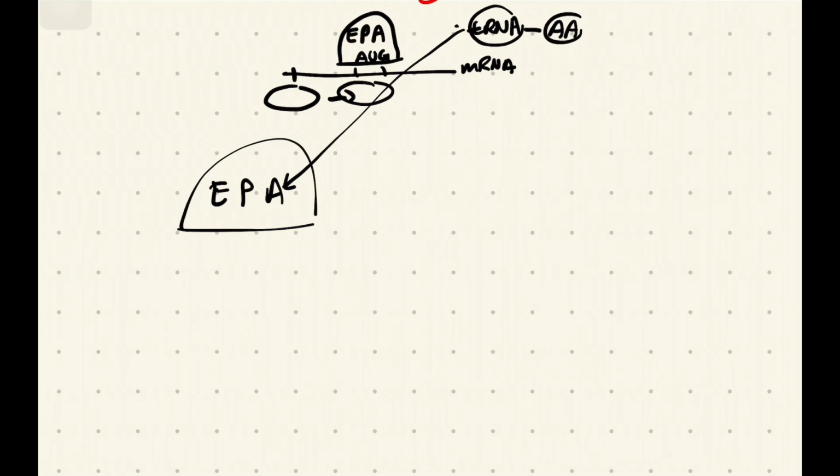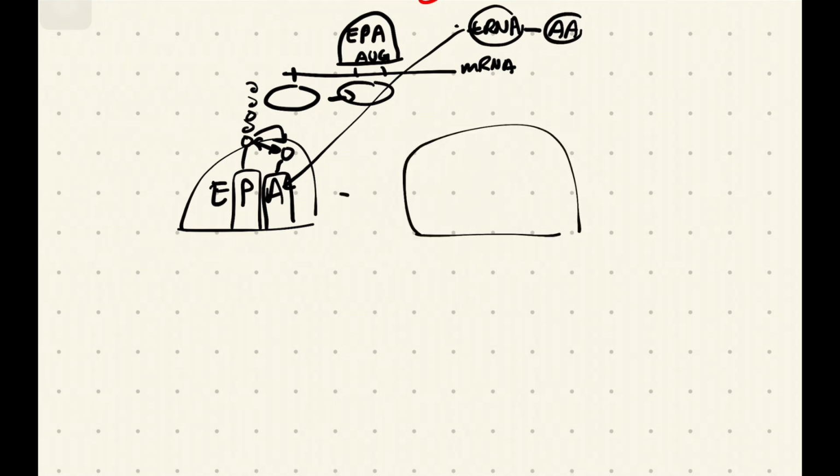And remember, in the P site, there's already a tRNA here with a polypeptide, right? And what's going to happen is that you're going to have this tRNA, it's going to have the amino acid on it, and you're going to expend some energy, usually some GTP here, to form a peptidyl bond between the incoming amino acid along with the polypeptide chain. And that's going to actually transfer this over.